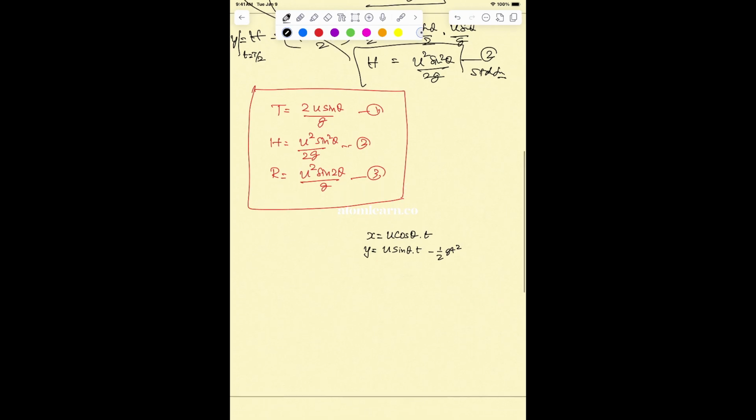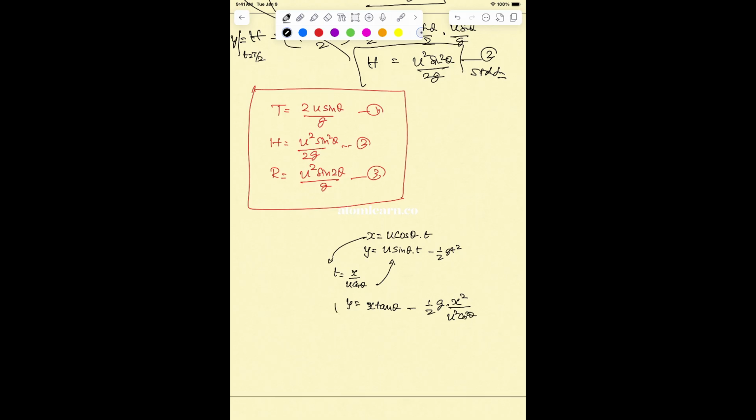Now let's eliminate t. How do we eliminate t? From here you take t equal to x by u cos theta, and put it back into y. Therefore, y becomes u sin theta into x by u cos theta. The u gets cancelled, giving x tan theta minus half g, and t squared is replaced by x squared by u squared cos squared theta.